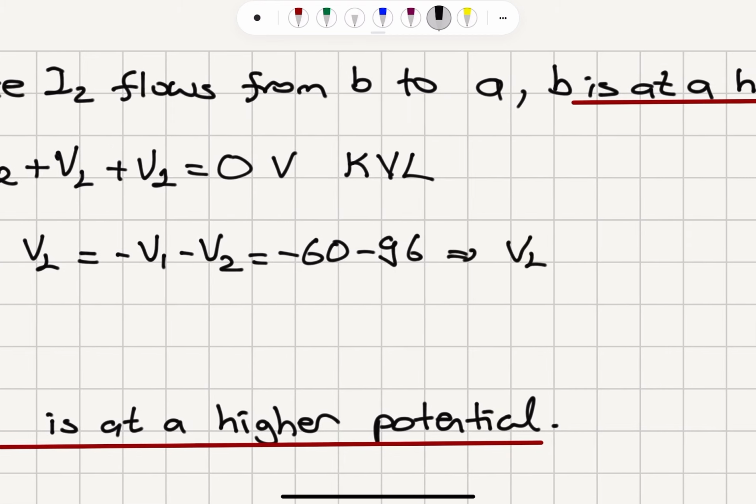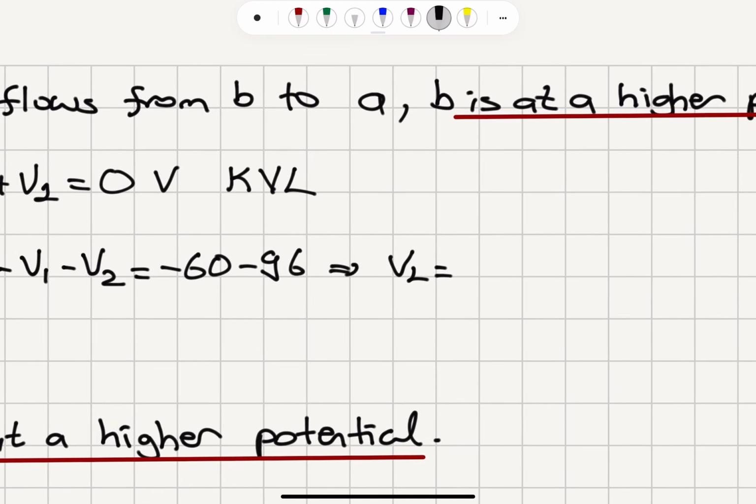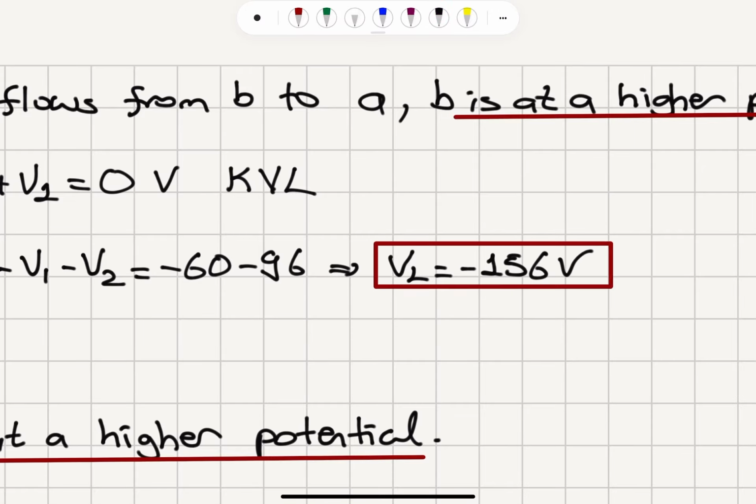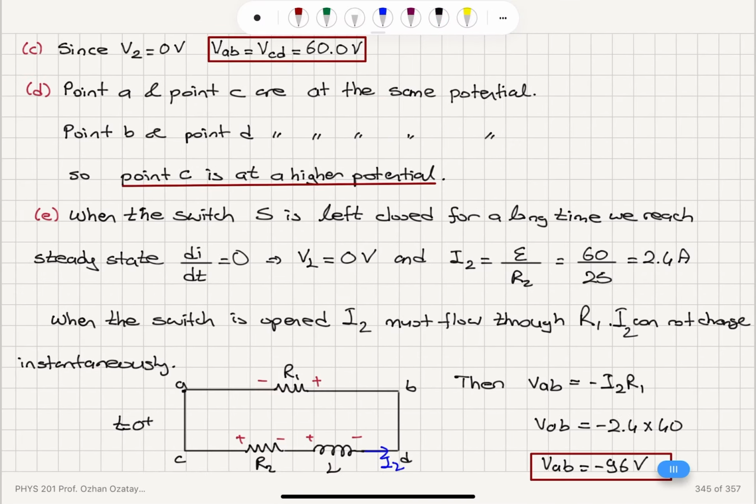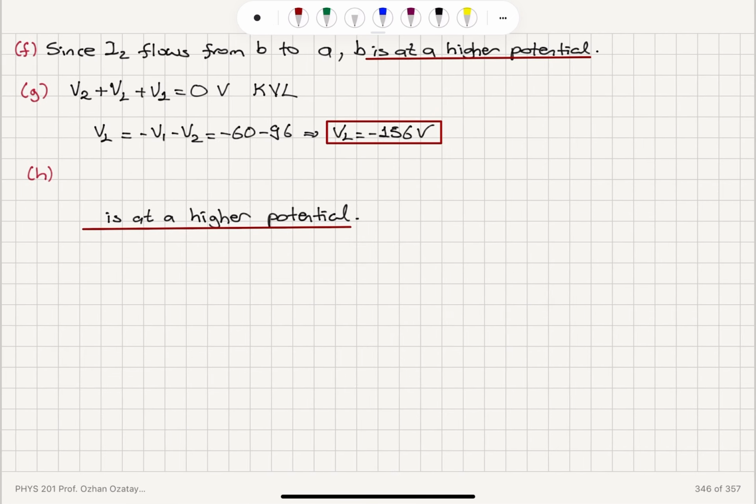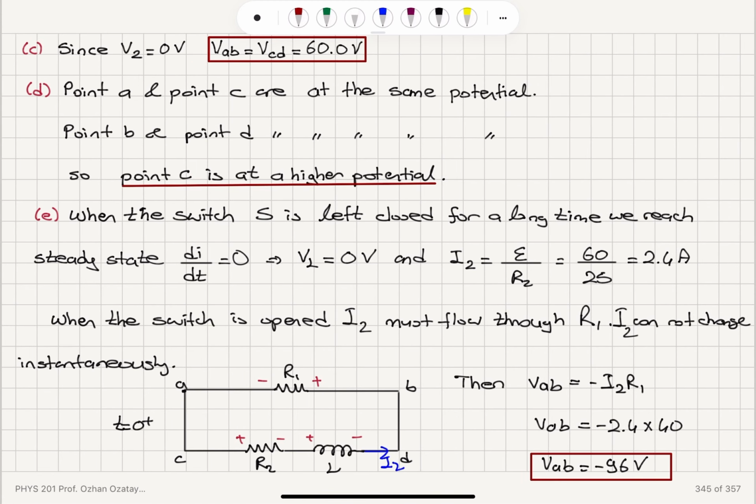So right after the switch is opened, the voltage across the inductor is minus 156 volts. Before it was opened, it was 0 volts because we reached steady state. But after it's opened, the voltage across the inductor will be minus 156 volts.